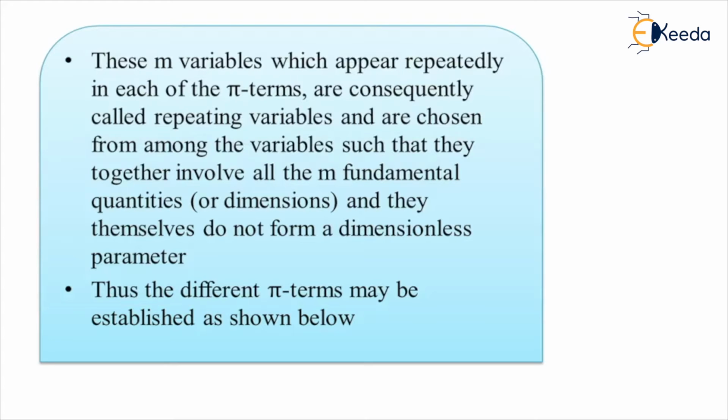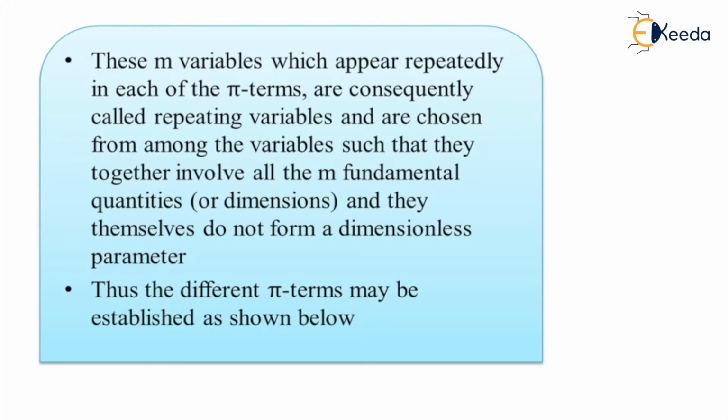These m variables, which appear repeatedly in each of the pi terms, are consequently called repeating variables and are chosen from among the variables such that they together involve all the m fundamental quantities or dimensions, and they themselves do not form a dimensionless parameter.